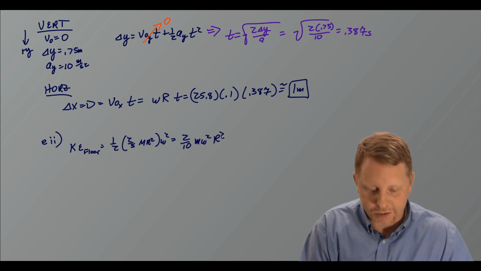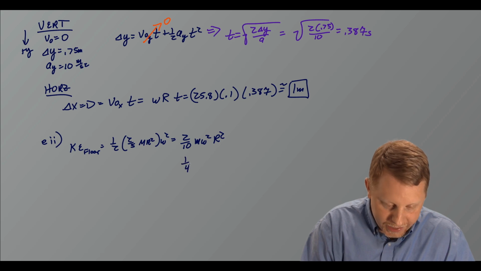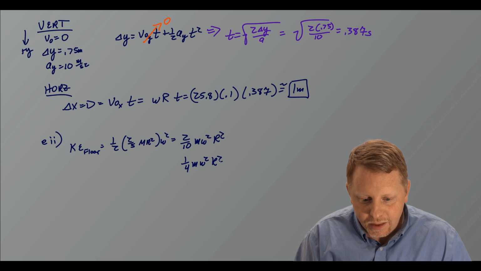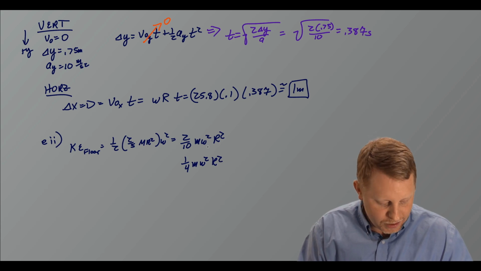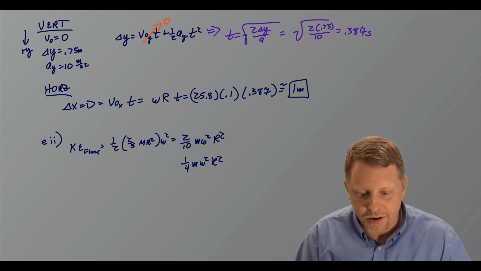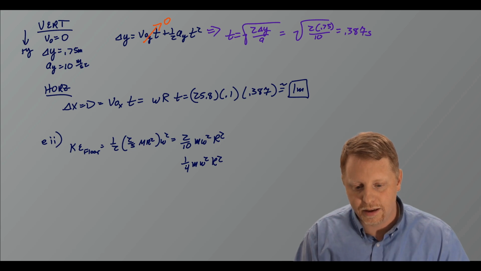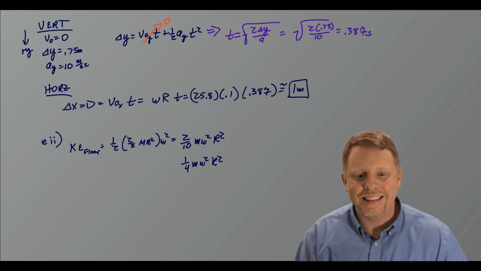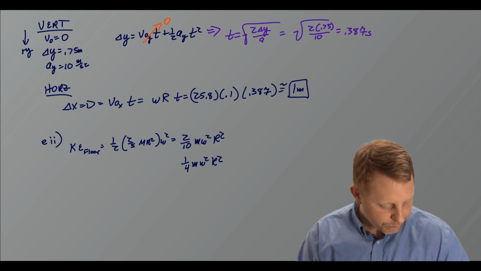Whereas before, for our cylinder, we had 1/4 m omega squared r squared. So it's less when we have our sphere. Therefore, the rotational kinetic energy on the floor for the sphere would be less than.